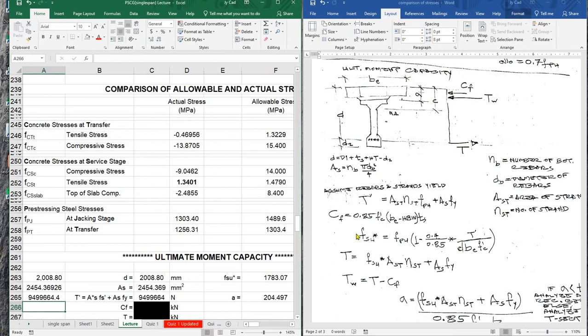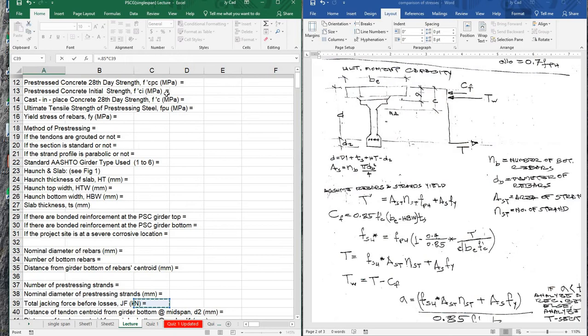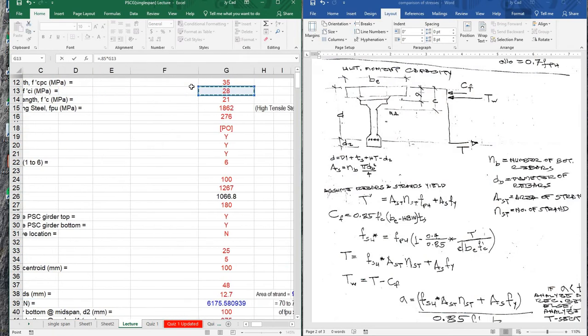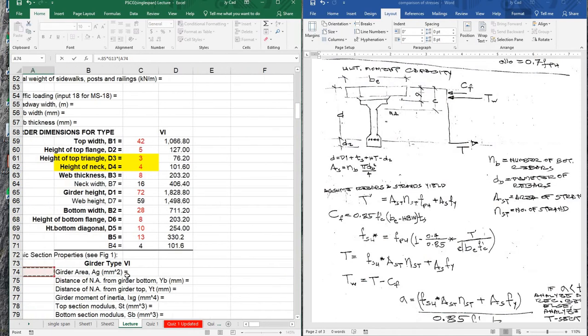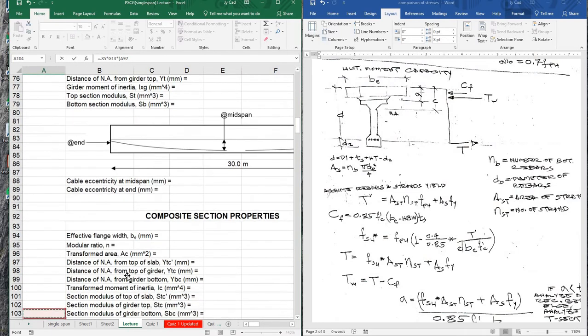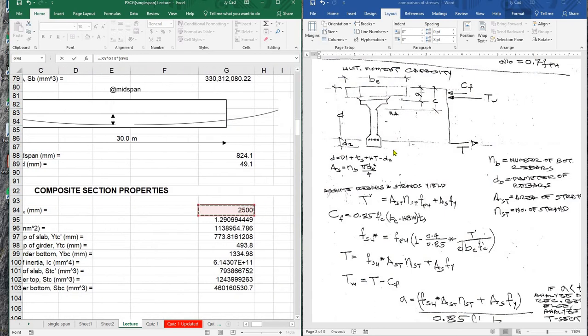Next, dito na tayo sa compression force due to flange. So, equal sign. And then, that is 0.85 times F prime C. Times the quantity BE, effective width, nandito yan sa composite properties. Ayan. Minus HBW, that is haunch bottom width.